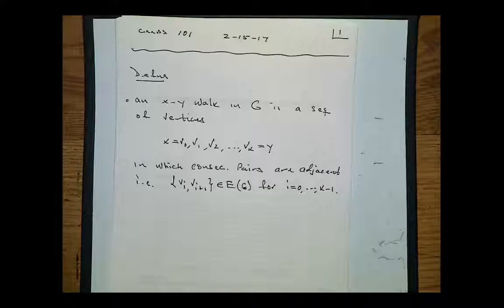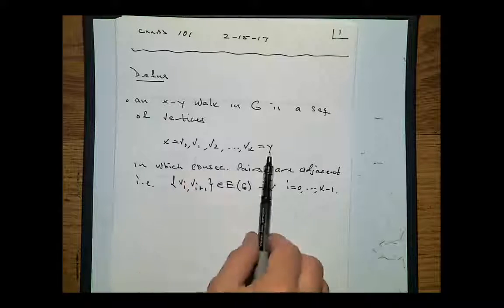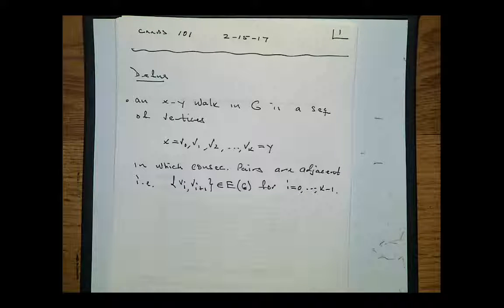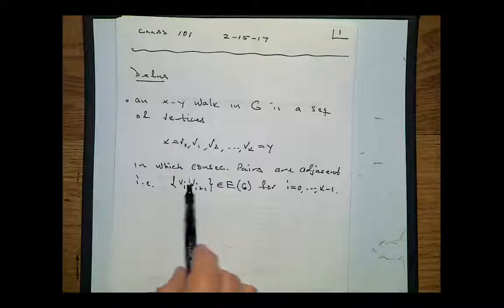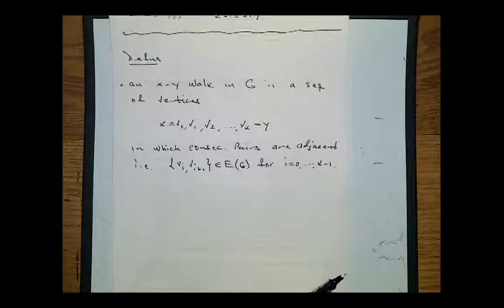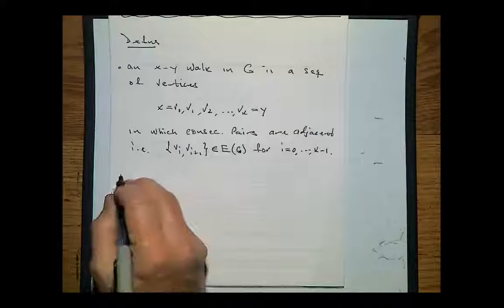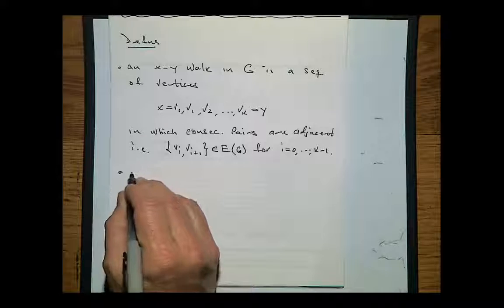Okay. Isn't that a path? No, that's not a path, because path excludes certain walks. But this is the most general kind of tour you can take in a graph. Start somewhere and start walking along edges until you get someplace else. There's no restriction on whether you traverse an edge more than once or whether you visit a vertex more than once.